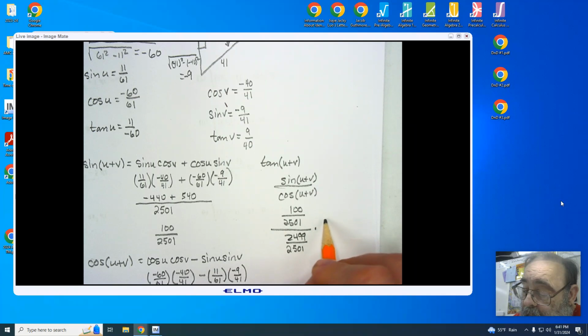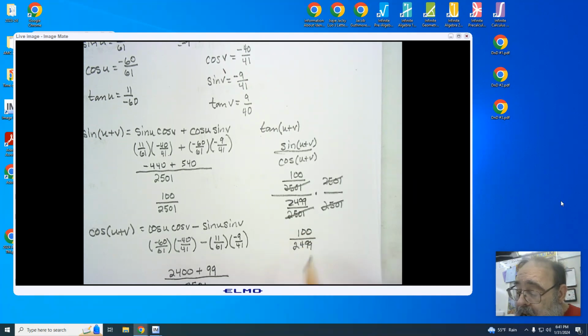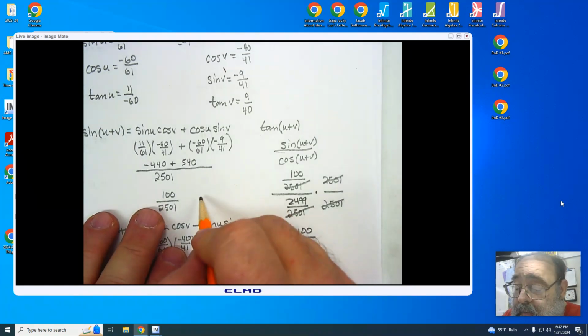By simply multiplying by 2501 over 2501, the denominators are canceled quickly, and our answer is 100 divided by 2,499.